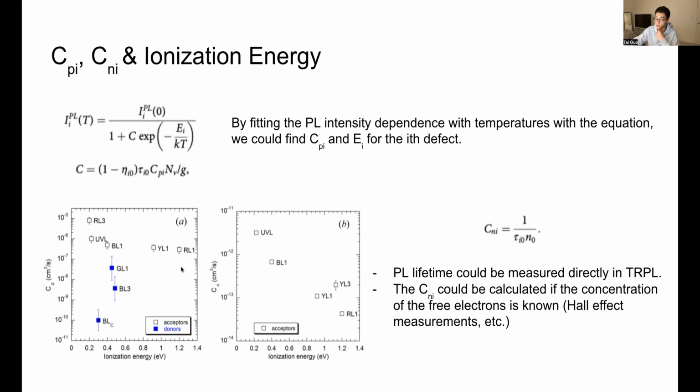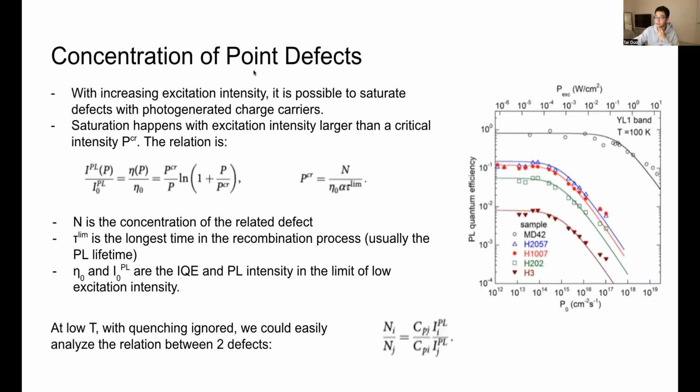And the two diagrams just show some real experiment data for different band. So it just demonstrates that we could calculate those important parameters for the defects in the band using the technique we mentioned before. And finally, we could estimate the point defect concentrations in the semiconductor using the photoluminescence data.